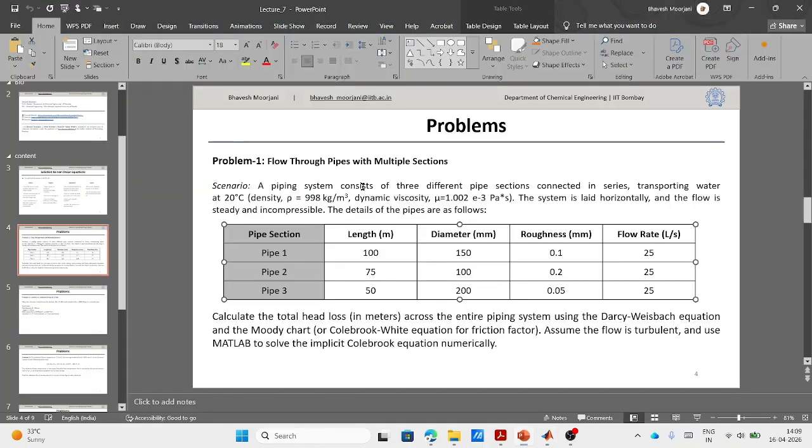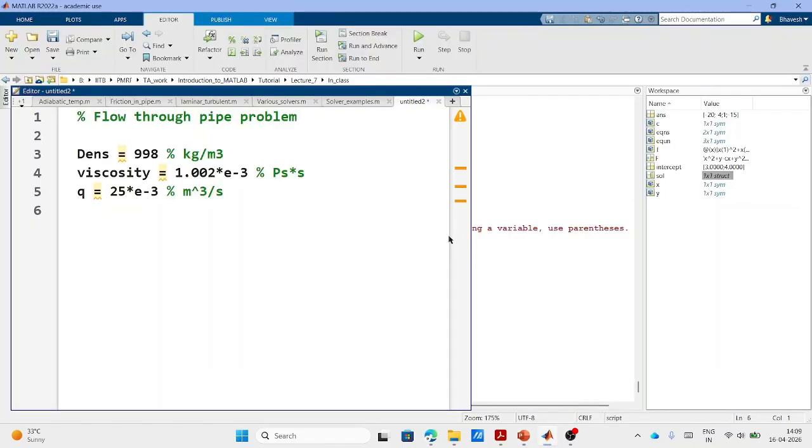Now we have this pipe information. So I will create a matrix which contains the pipe information, where rows correspond to the pipe number, and the columns correspond to the specific property we are looking at. I'm creating a matrix referred to as pipe data, where the first row is for pipe 1.